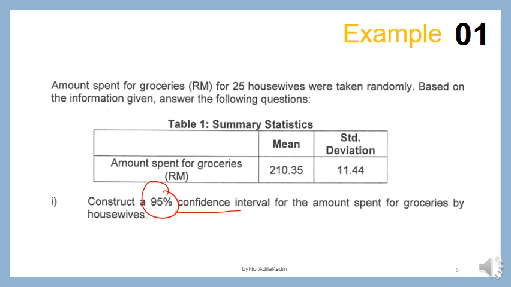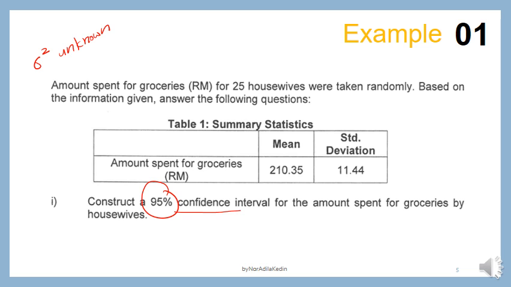Now, to construct a 95% confidence interval, you need to identify a few situations. So first of all, you need to identify whether the question gives you the population variance or not. Alright, so in this case, the question tak bagi awak population variance. So in this case, the variance is unknown.